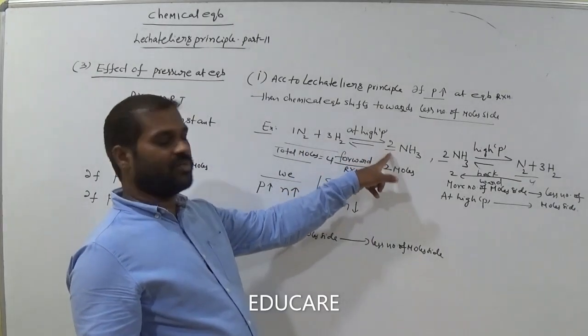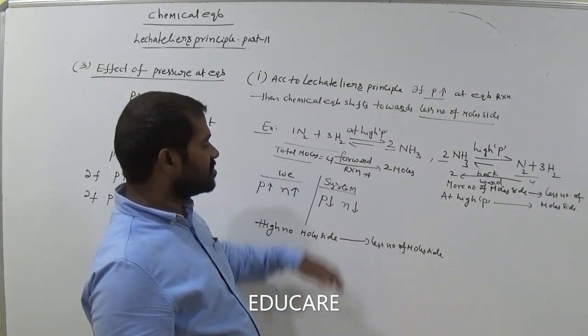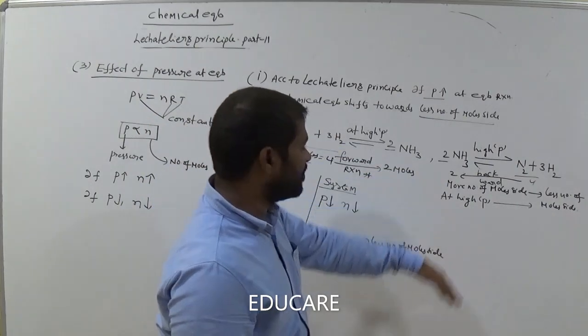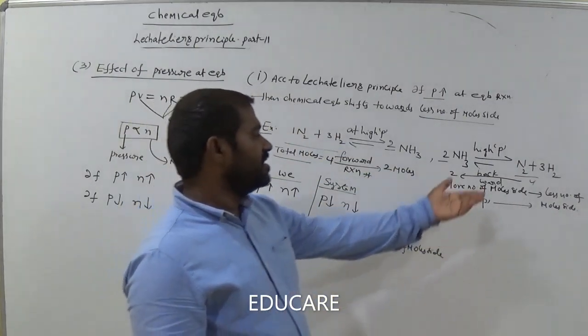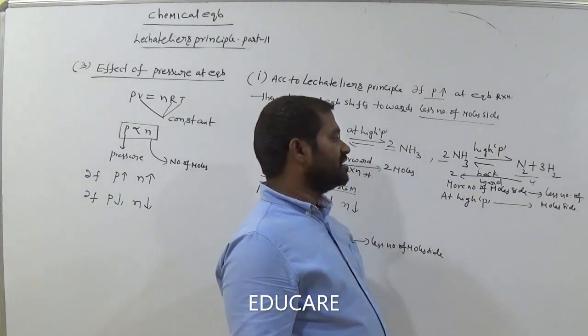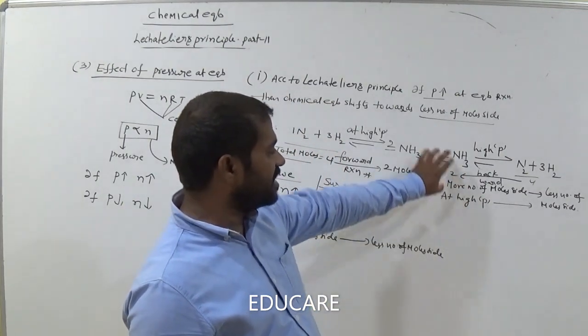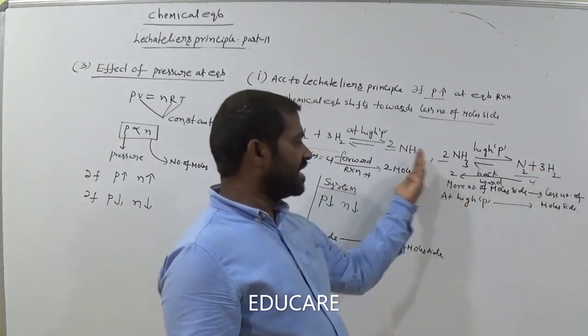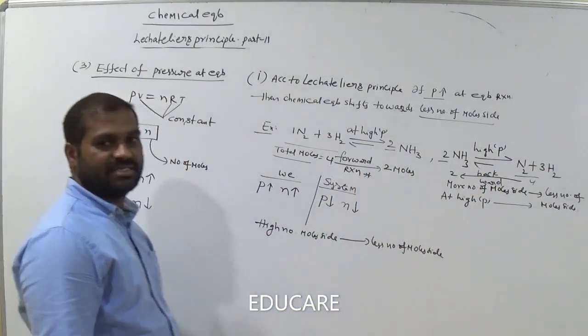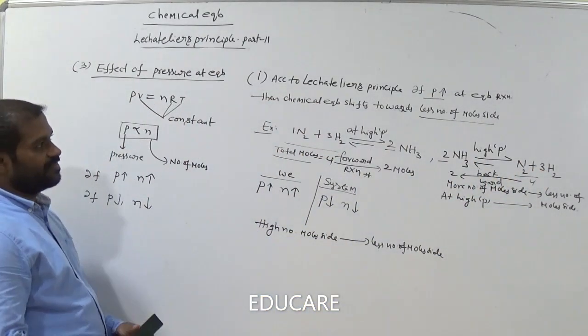Here we have less number of moles, here we have high number of moles. Where do we have less number of moles? In this side, so the reaction moves in the backward direction. Is it clear?